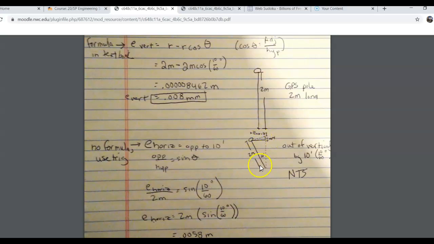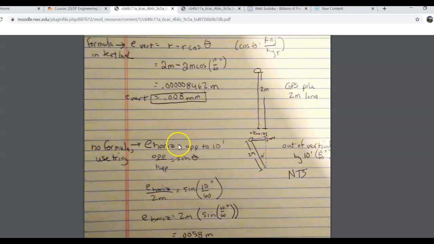Because if you think about it, that 2 meters is the hypotenuse of a triangle. And this is 10 minutes out of vertical. So the distance from here, which is where the receiver actually is, to here, where the receiver should be, is the horizontal difference, or the horizontal error.